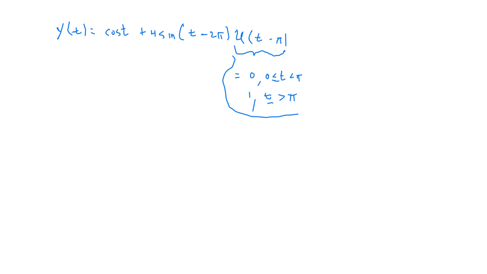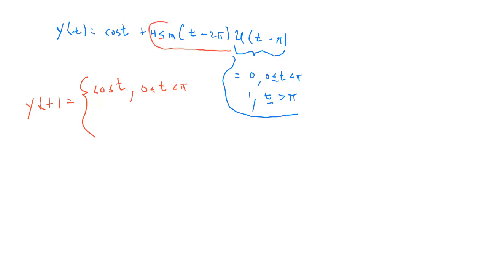Okay. Very good. Well, then, y of t would just equal the cosine of t when t is between 0 and pi, because this entire part will be gone.